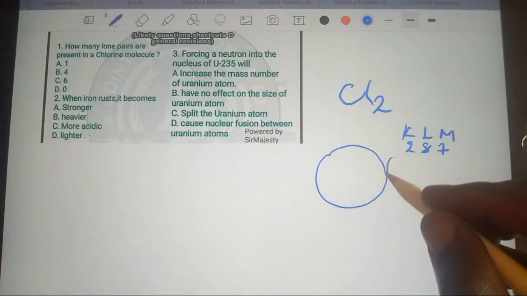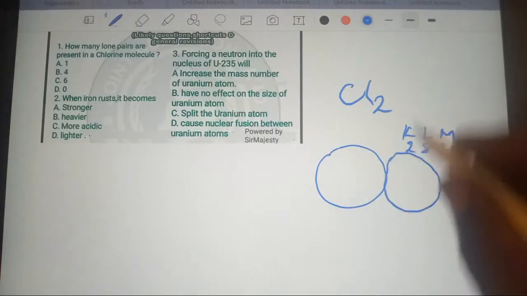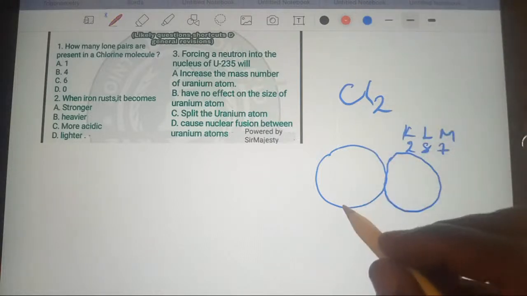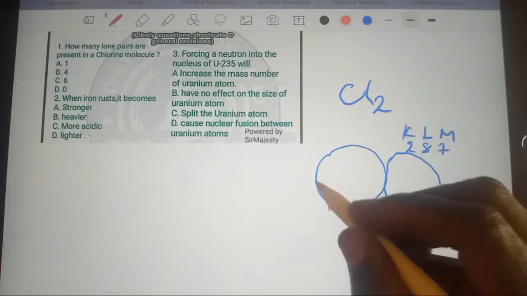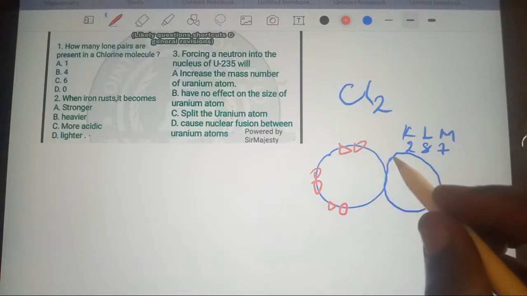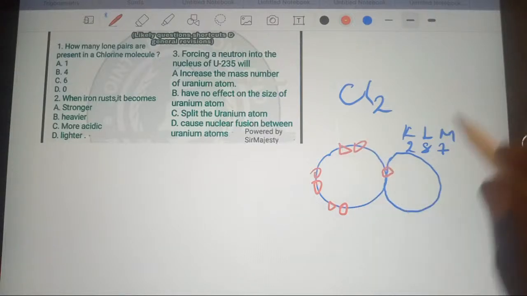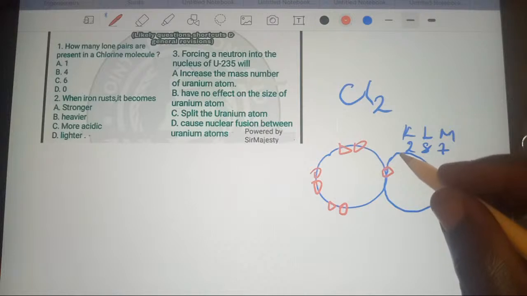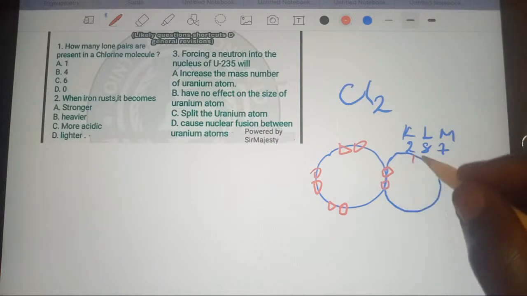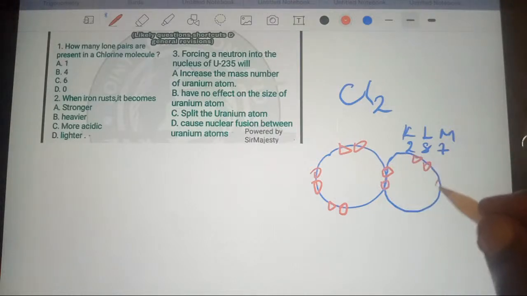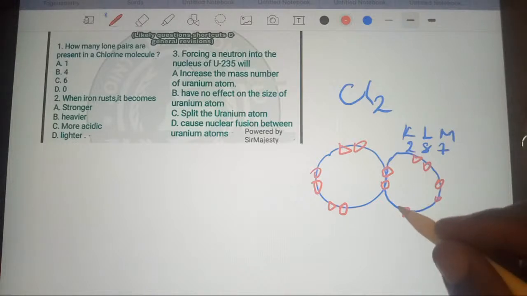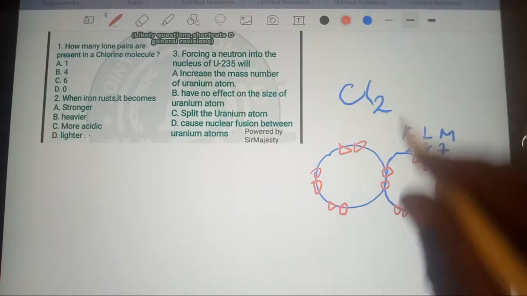Then having 2 chlorine will be in this form. So these have 7. We have 1, 2, 3, 4, 5, and 6. Then the other one will be here. Then this other one will also have 2 here. 2, 4, 6, and 8. So this is chlorine atom.